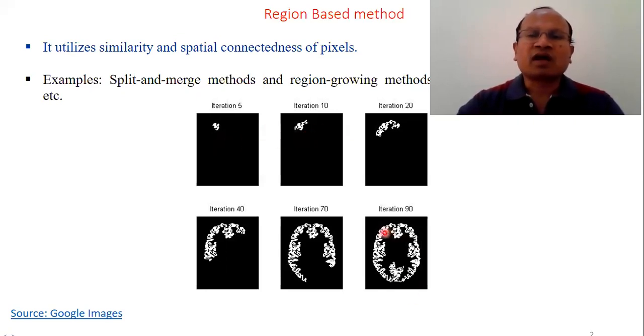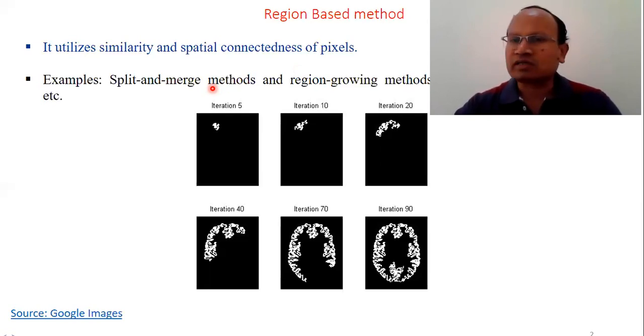This is how after 90 iterations, we got this image. So this is one example of region based, and the region based method is actually of two types: split and merge and region growing. The way these two methods operate is entirely different. Region growing operates just in the opposite manner to split and merge.